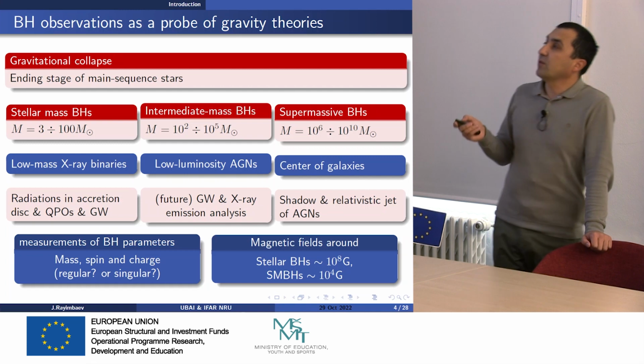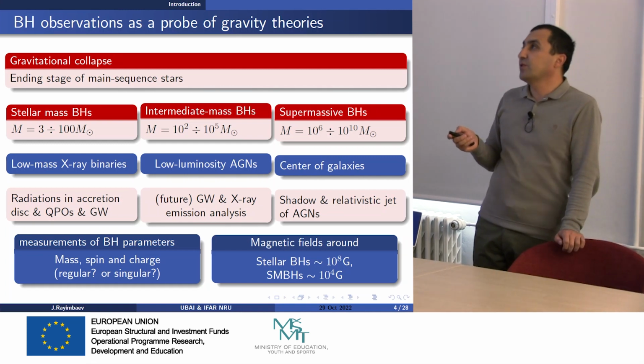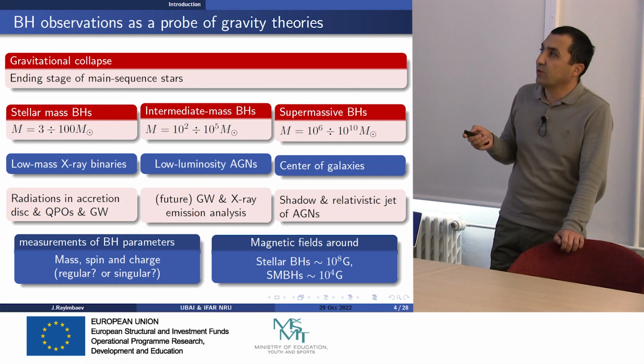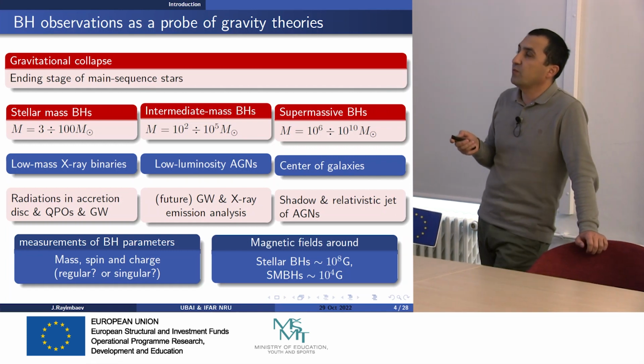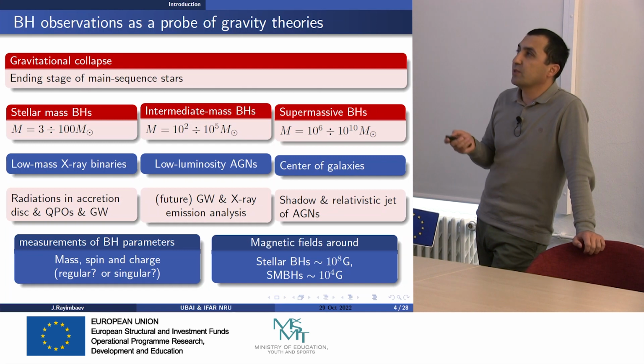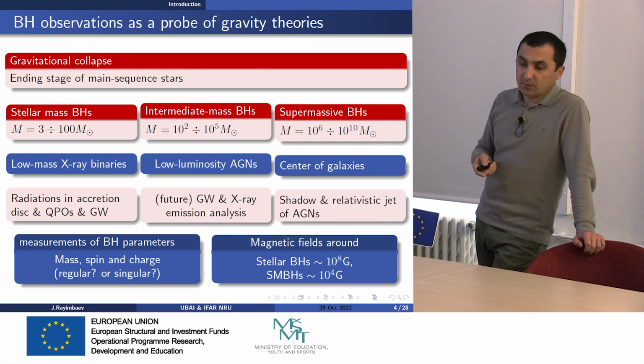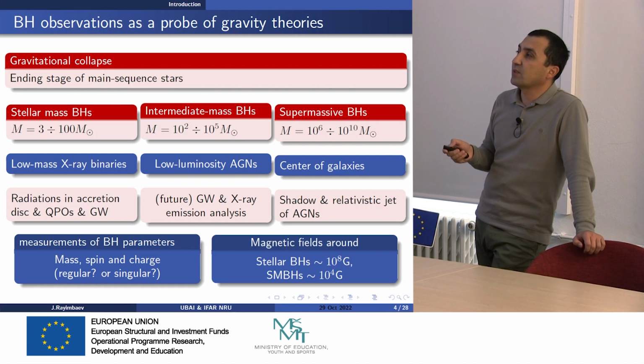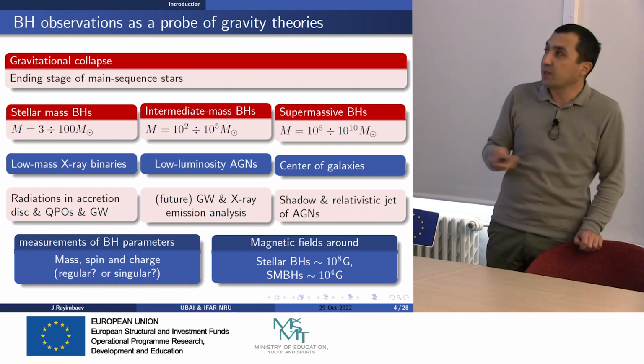Stellar mass black holes, from 3 up to 100 solar masses, we can observe in low-mass X-ray binaries through the radiation of the accretion disk and quasi-periodic oscillations, and some tests were obtained in the gravitational wave detection in 2015, I think in September.